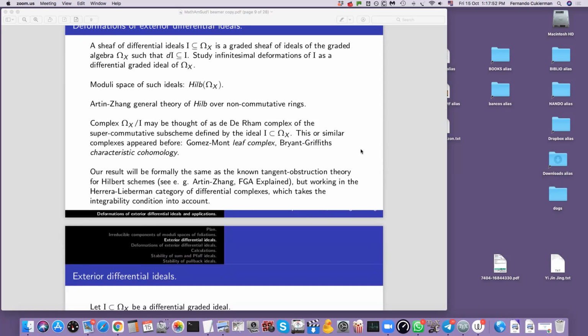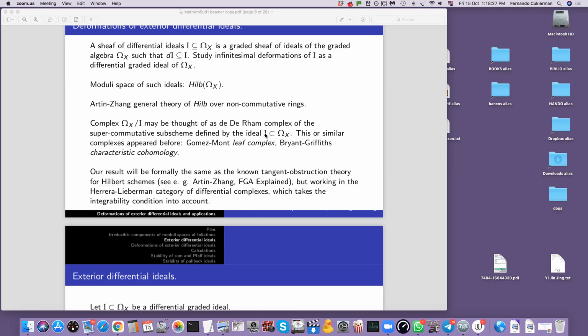It's important in what follows, when you have an ideal, this quotient is a module. It's the ring modulo the ideal, and it has a differential. This may be thought of as the rank complex of this object.